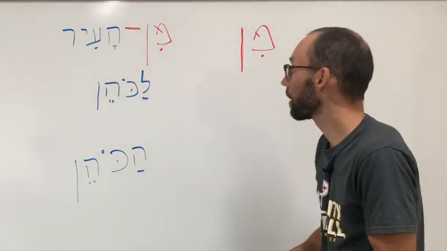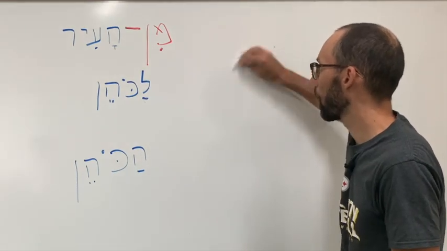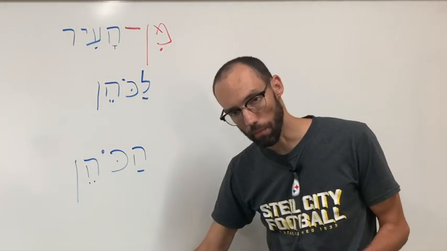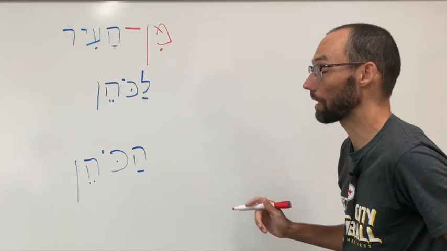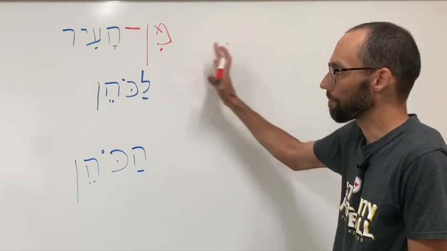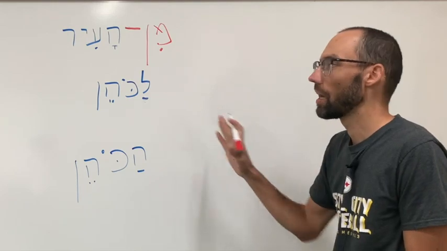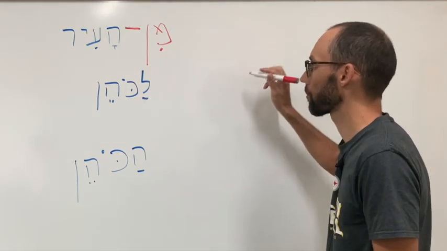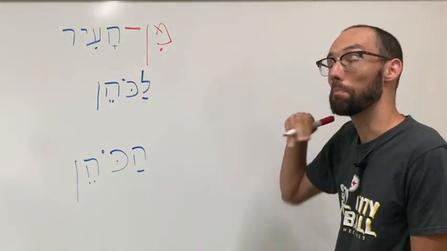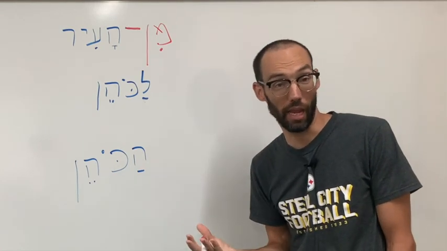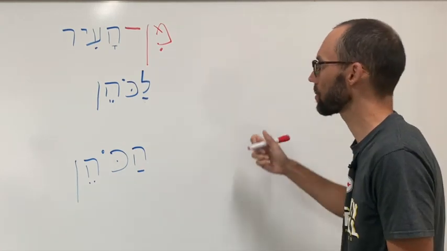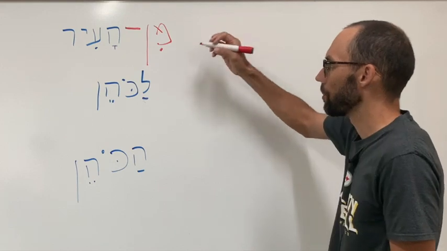However, unfortunately, some words, when there's no vowel at the beginning, put that nun right up against the consonant, and nun is a weak letter. So when you get, say, min melech, from a king, what happens is the nun drops out.